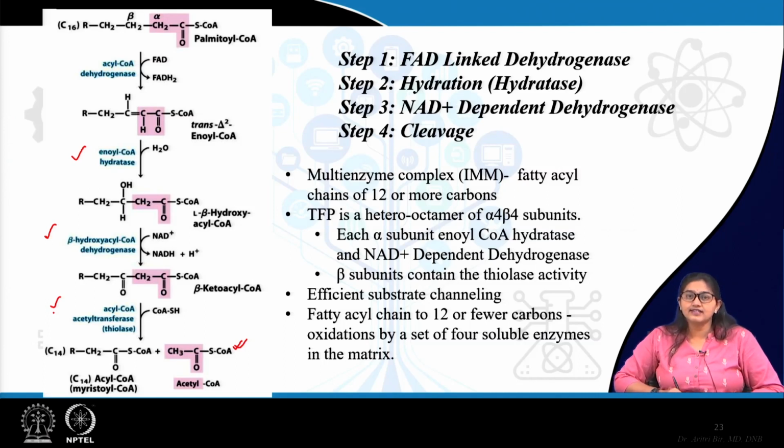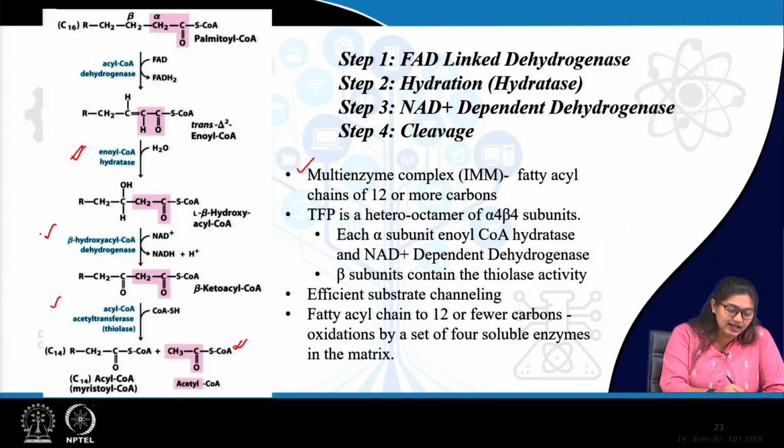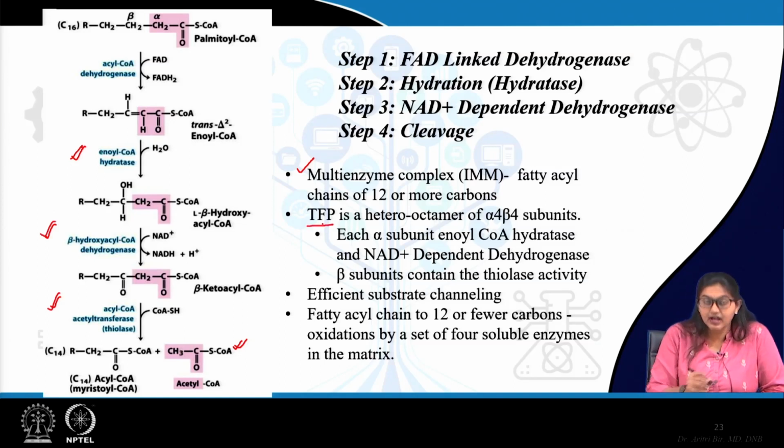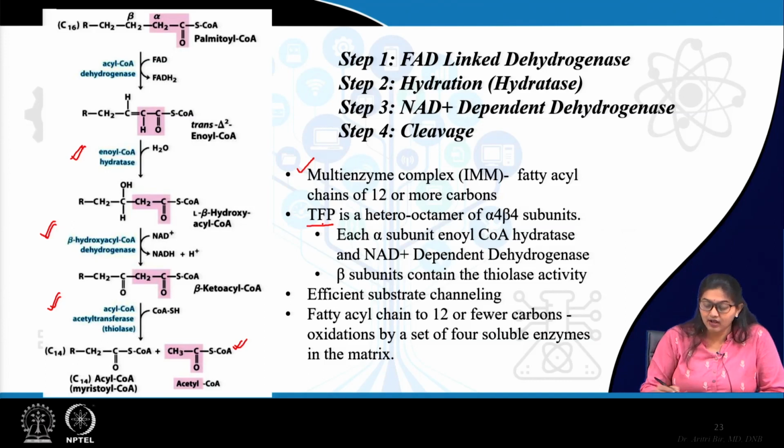Those fatty acids which have a chain of 12 or more carbons are treated by a multi-enzyme complex which contains these 3 enzymes. That multi-enzyme complex is known as trifunctional protein, TFP. Now, trifunctional protein is a heterooctamer having 8 subunits, amongst them 4 are alpha, 4 are beta.